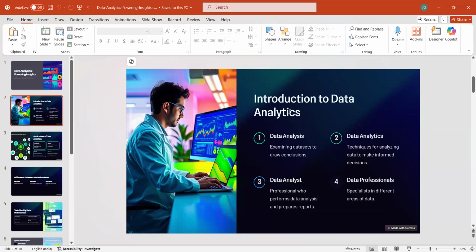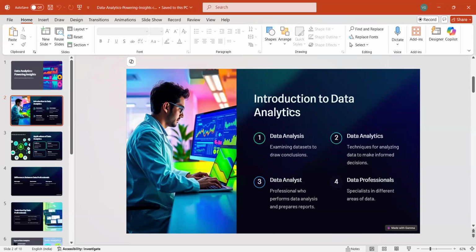So we understood the differences between two terminologies. Now we have to gain the knowledge of what is data analysis, what is data analytics, and what is an analyst. So what is analysis? Analysis is a process of examining the data. In the sense, you will be reading the data, understanding the data, exploring the data.